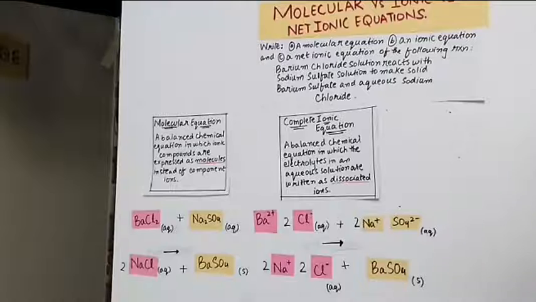At this point, we have written a complete ionic equation of the reaction given above, because we dissociated into ions whichever species were aqueous and were electrolytes in an aqueous solution.